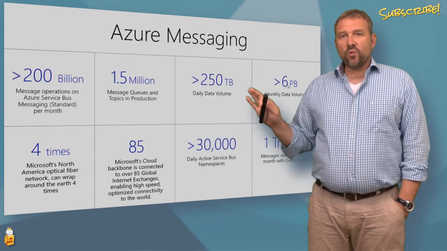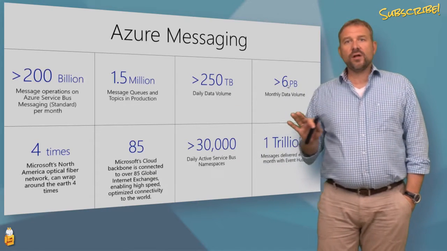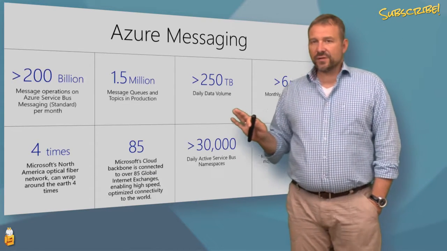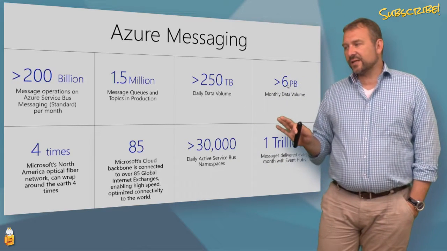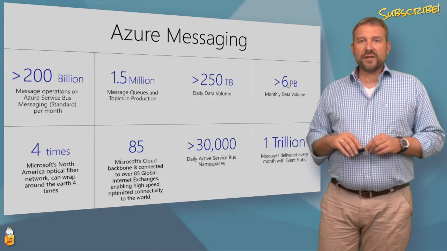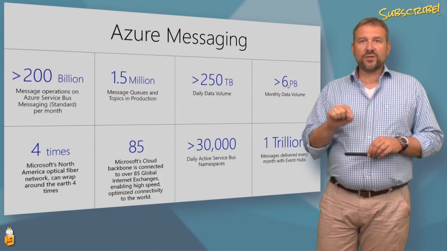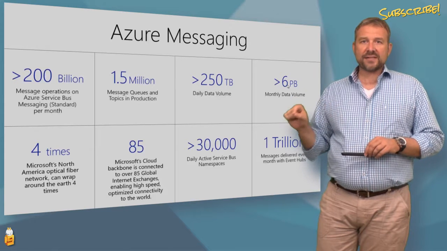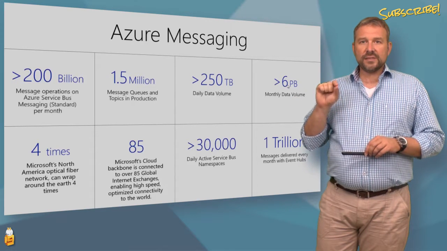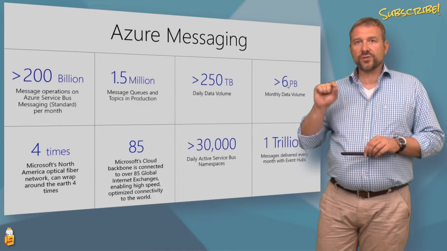We do well over 6 petabytes of monthly data volume that we pull through Service Bus, and again, that number is very quickly rising. And of course, since we're messaging, since we're moving data around, you are also benefiting from the massive build out that we have in terms of networking capacity and networking infrastructure across North America and also across the world.